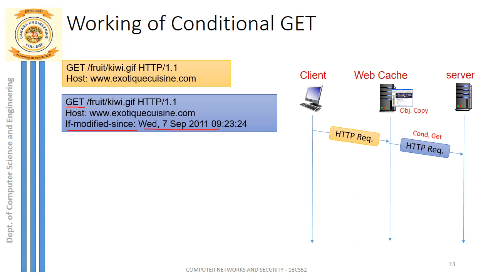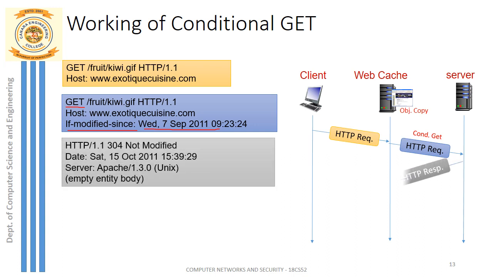Now the server will send the updated object only if it has a last-modified date after the specified date. If it does not have any updated object, then it will send a response with an empty entity body and with the status 304 Not Modified.